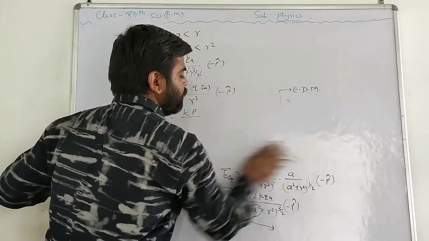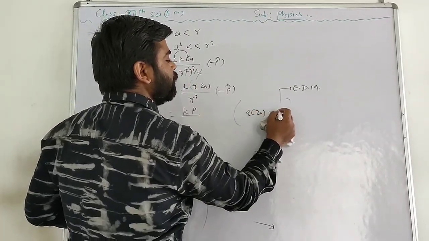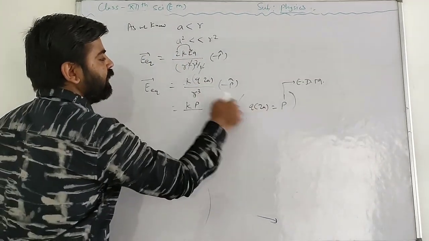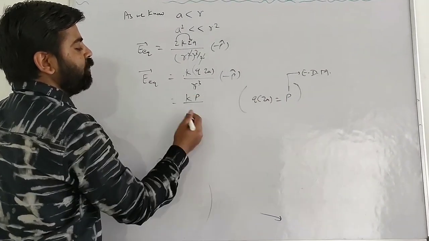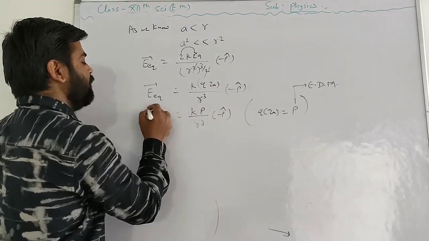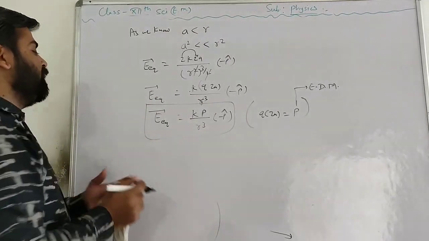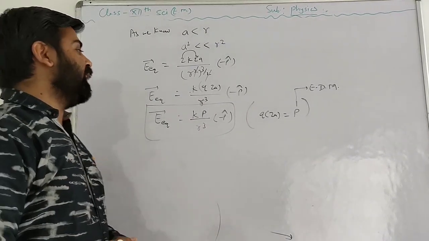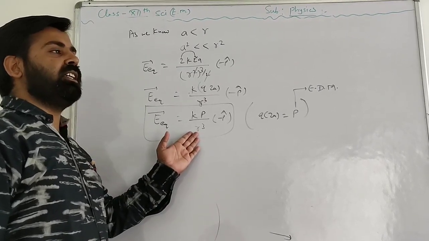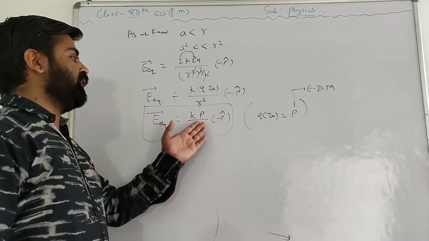So q into 2a can be rewritten as p, the electric dipole moment: kp upon r cube and minus p cap. E equatorial is equal to kp upon r cube, minus p cap. This is the final expression of electric field intensity at small r distance from the center of the electric dipole.